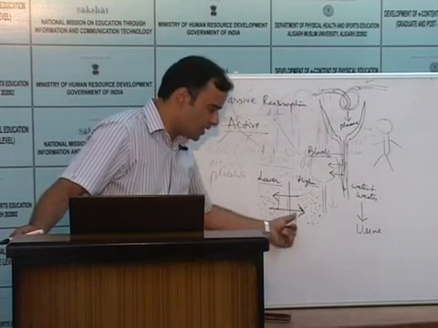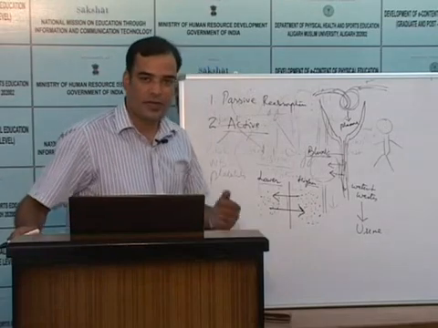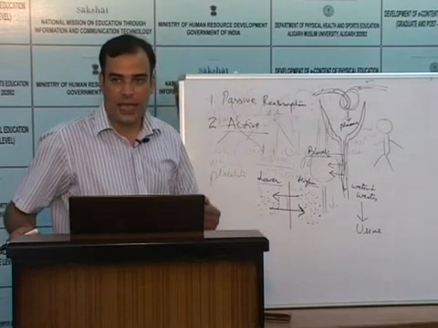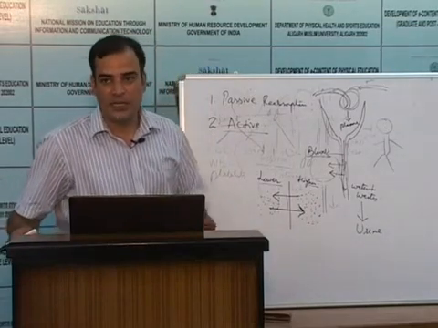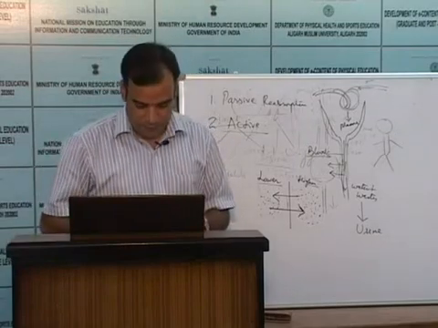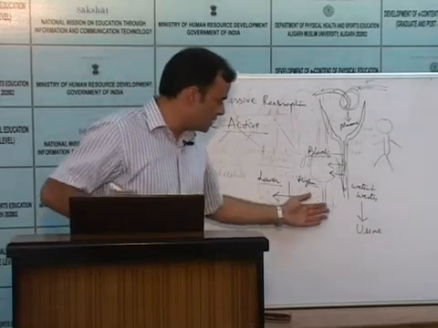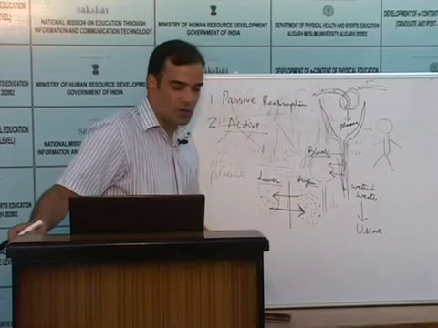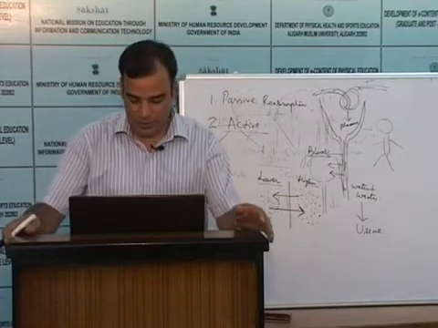So here the transport is against the electrochemical gradient. This requires energy, and energy is derived from the ATP. So this type of transport or reabsorption will be called active reabsorption.